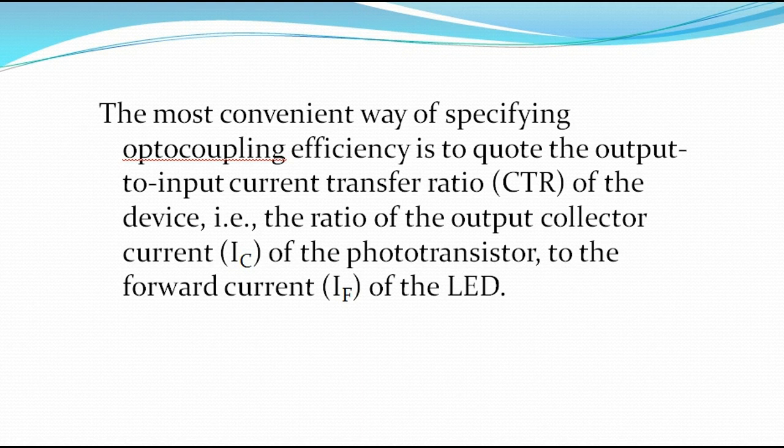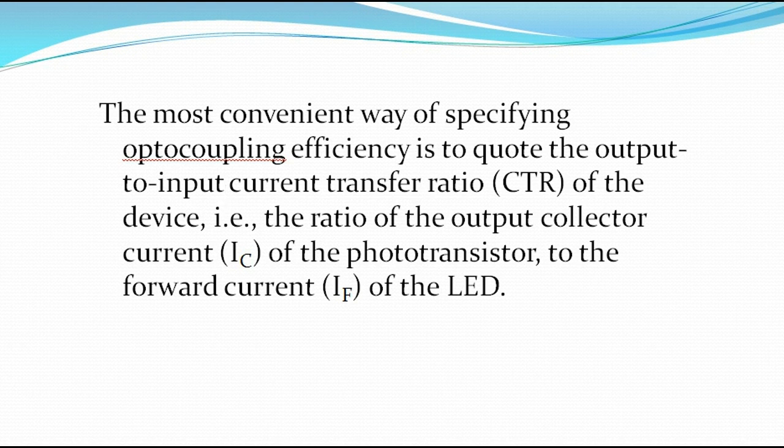It's not only a phototransistor; I use only a phototransistor as an example. It could be a photodarlington, or it could also be a photo SCR or a triac, all depending on the one you use. But this is just an example.